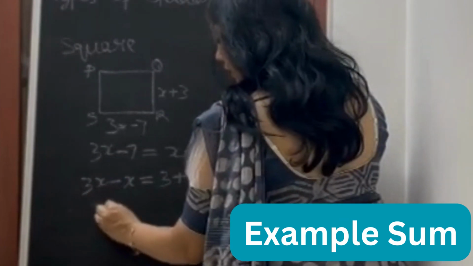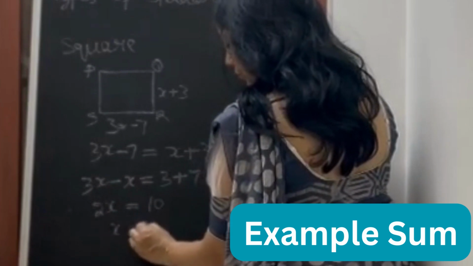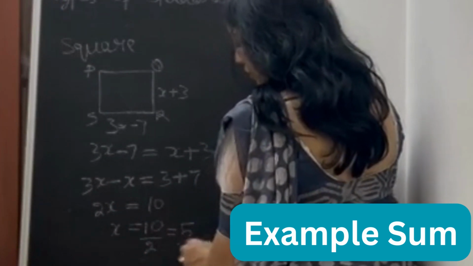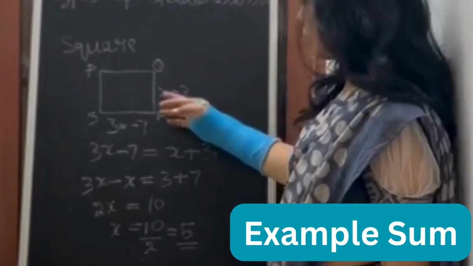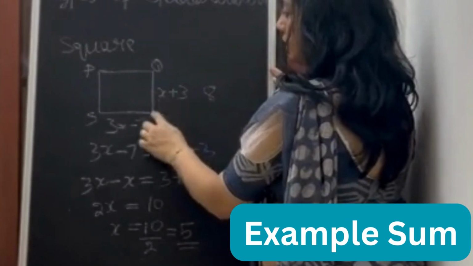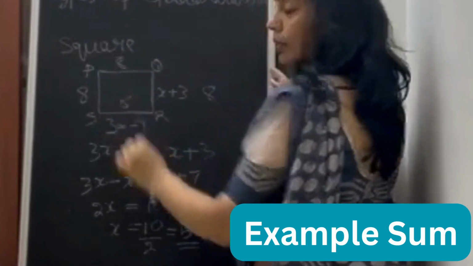So 2x equals 10. x equals 10 by 2, which equals 5. So x is 5. Now when I have x, it's very easy. If this is 5, 5 plus 3 is 8. So all sides are 8 centimeters because it is a square. Thank you.